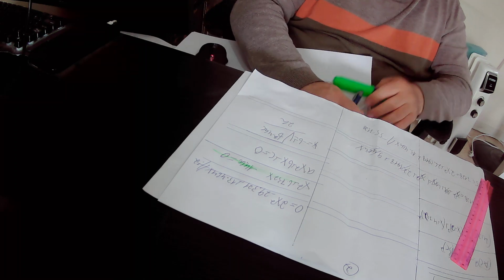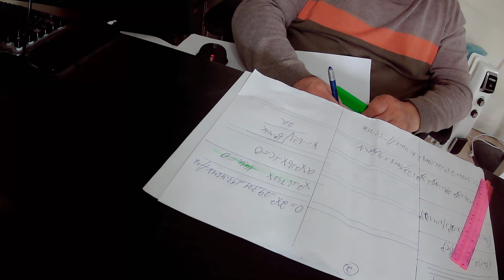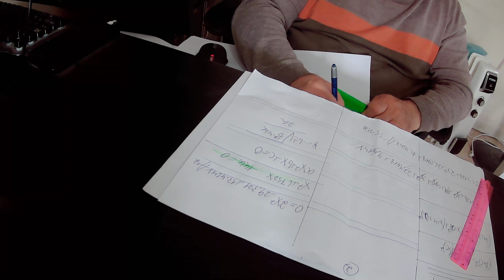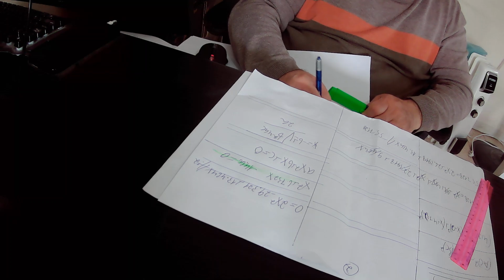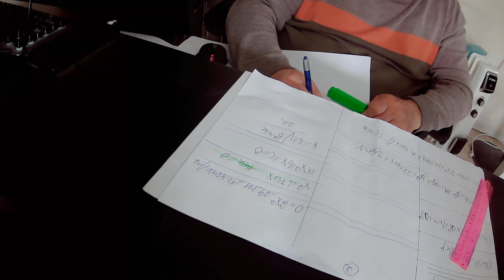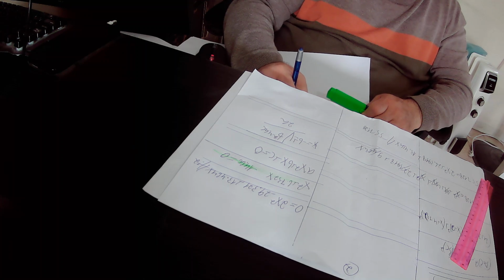The coefficient a equals 1. The coefficient b equals 6.732, and finally the coefficient c equals minus 14.66.